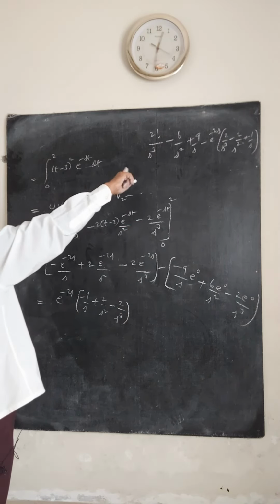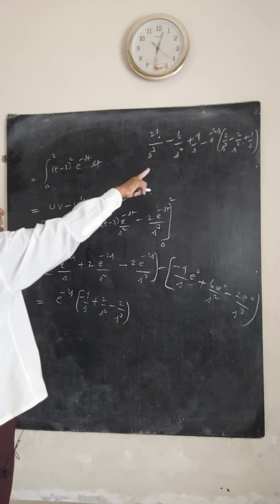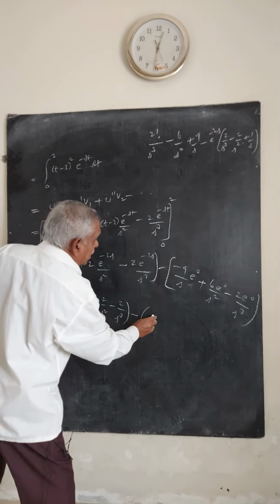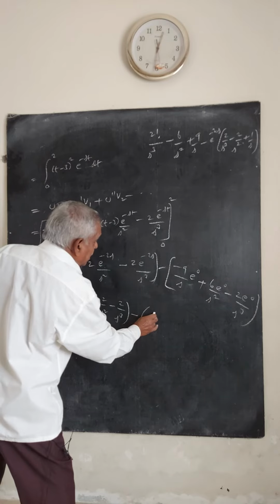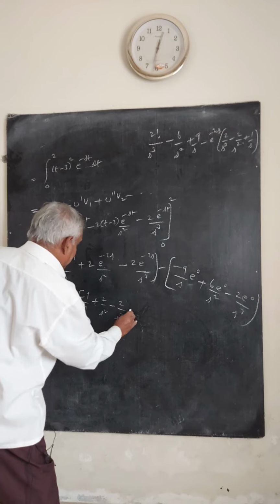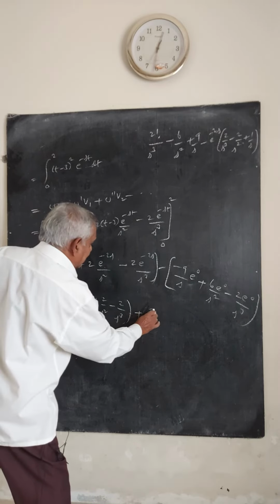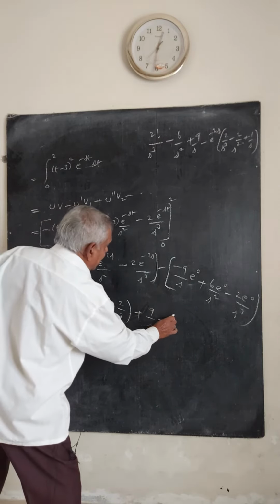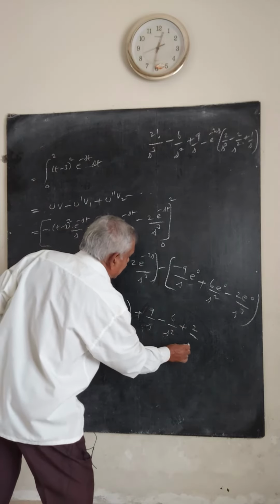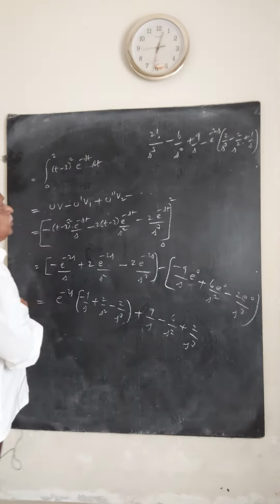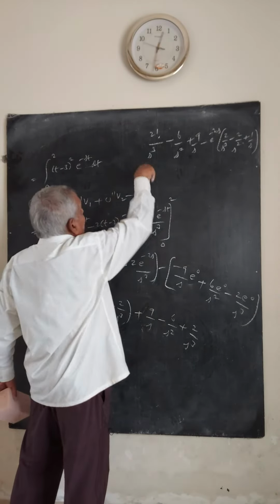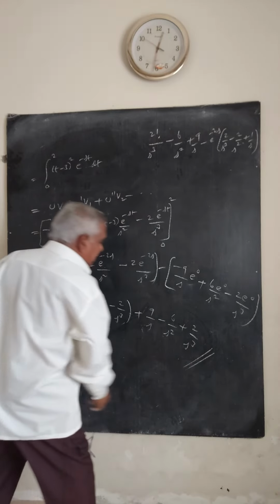The sign changes, so again minus, and let us remove the bracket: plus 9 by s minus 6 by s square plus 2 by s cubed. So 2 factorial... s cubed minus 6 by s square, 2 by s cubed is the answer.